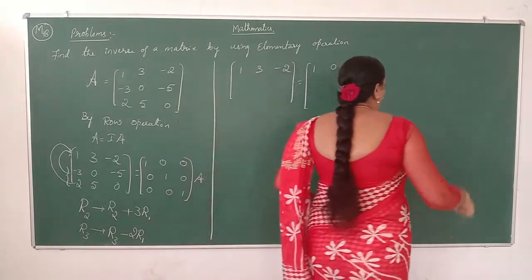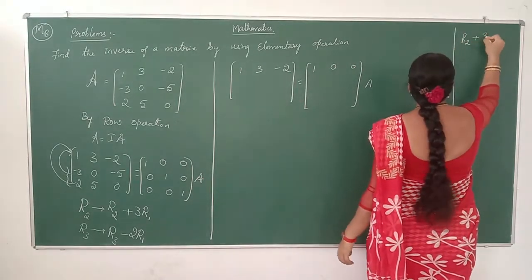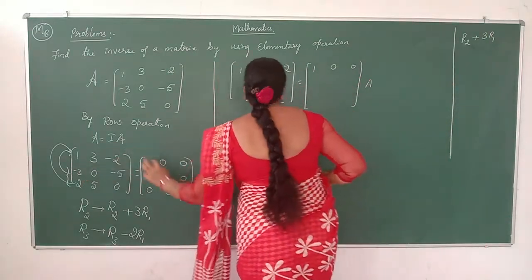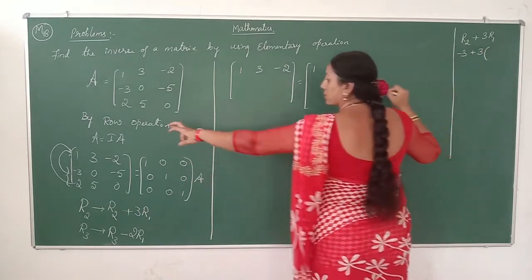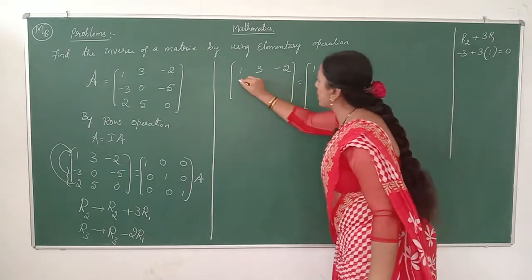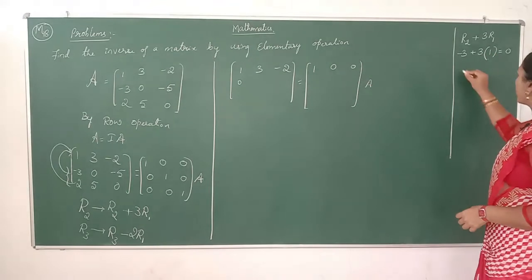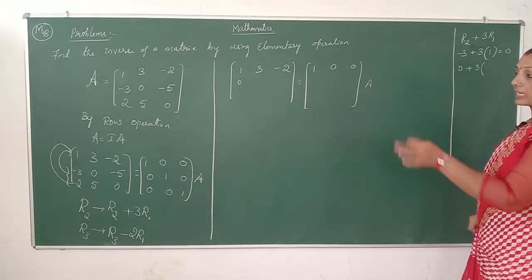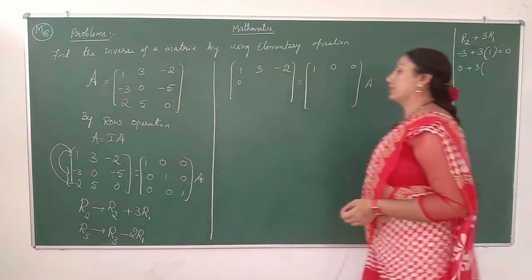Then the calculation: second row, R2 changes with R2 plus 3 times R1, where R2 is minus 3 plus 3 times the corresponding R1, which is 1. So, minus 3 plus 3 is 0. That is the first element. Similarly, second element, R2 is 0 plus 3 times the corresponding R1, which is 3.